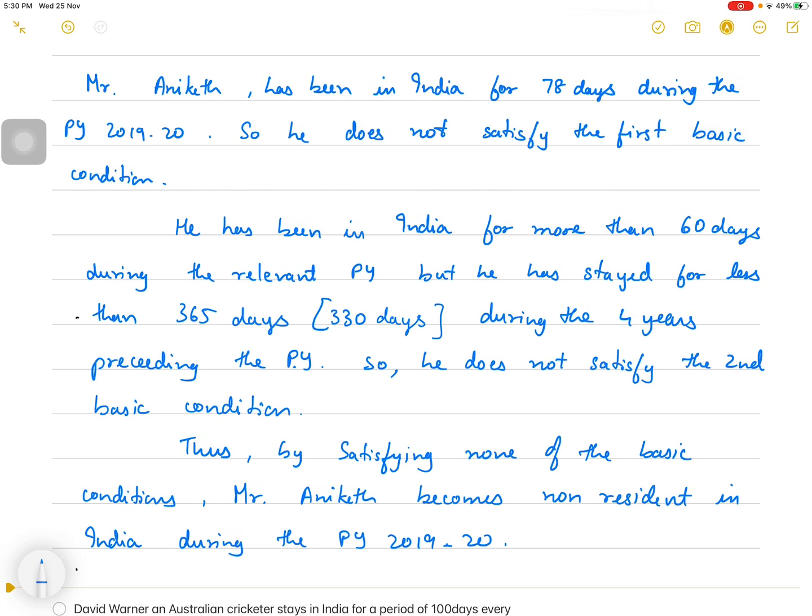He has been in India for more than 60 days during the relevant previous year, but he has stayed for less than 365 days during the 4 years preceding the previous year. So he does not satisfy the second basic condition. Thus, by satisfying none of the basic conditions, Mr. Aniket becomes non-resident in India during the previous year 2019-20. Okay.